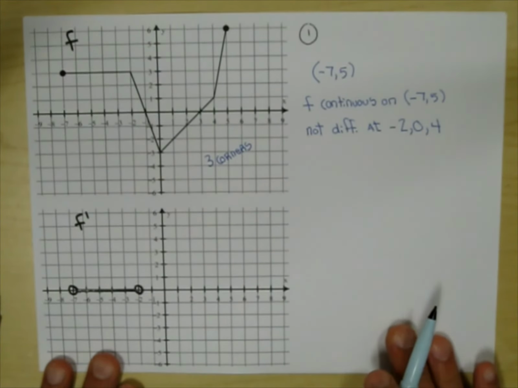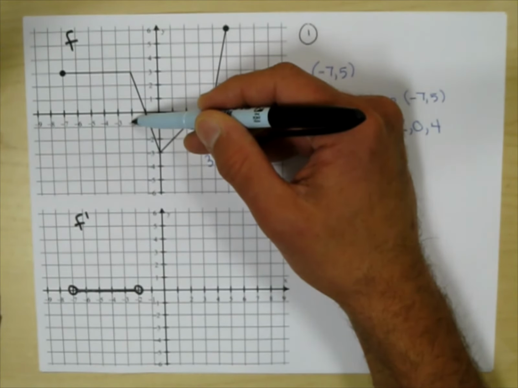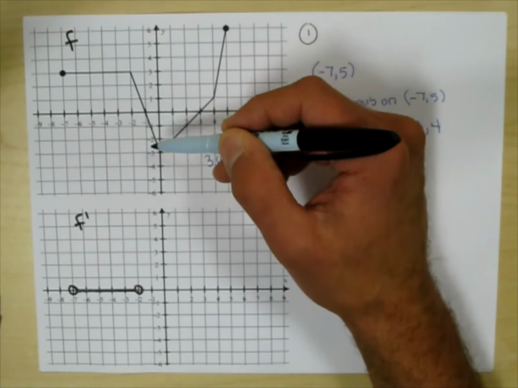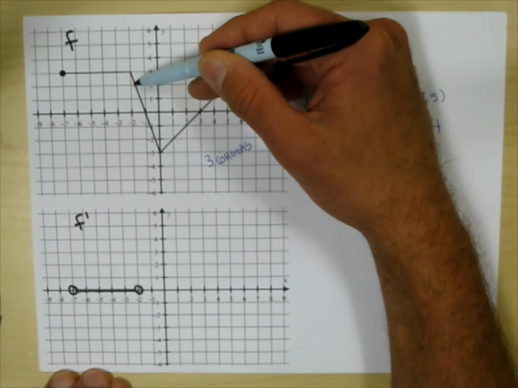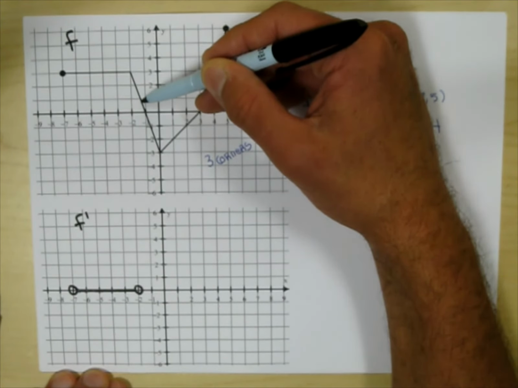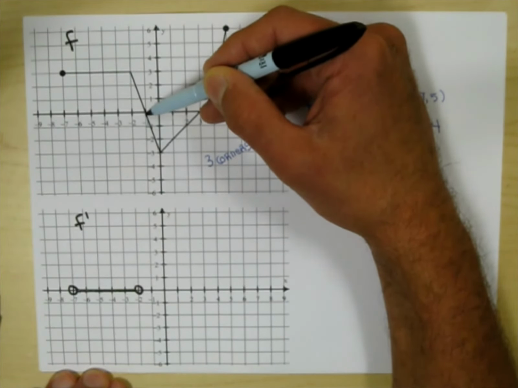That's all right. Now, let's look at what happens from x equals -2 to x equals 0. Every point on that line segment is going to have the same slope. But what is the slope of this line segment? It's rise over run.